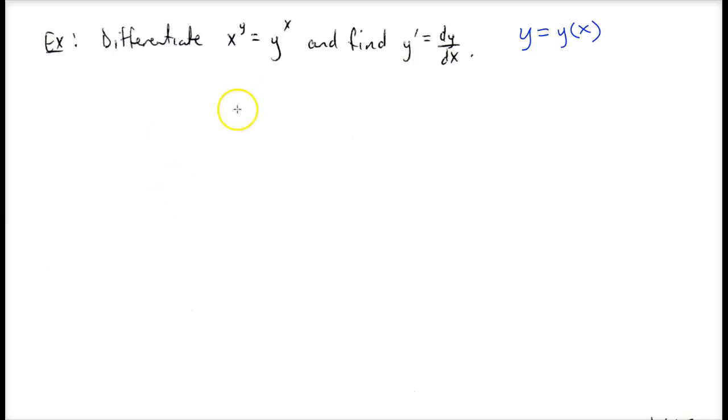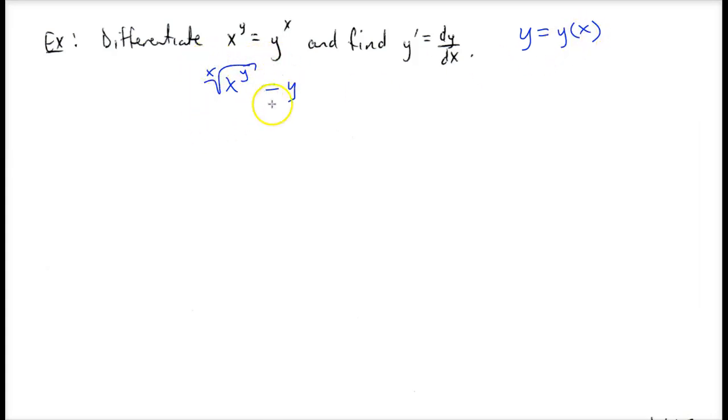The best that we do know is that if we take the x root of both sides, if that makes any sense, then we know that y would be this. But the issue here again is that y is defined in terms of y. So that is what lets you know that y isn't necessarily a function. But we know that whatever it is, it's written in terms of x, as we see here.